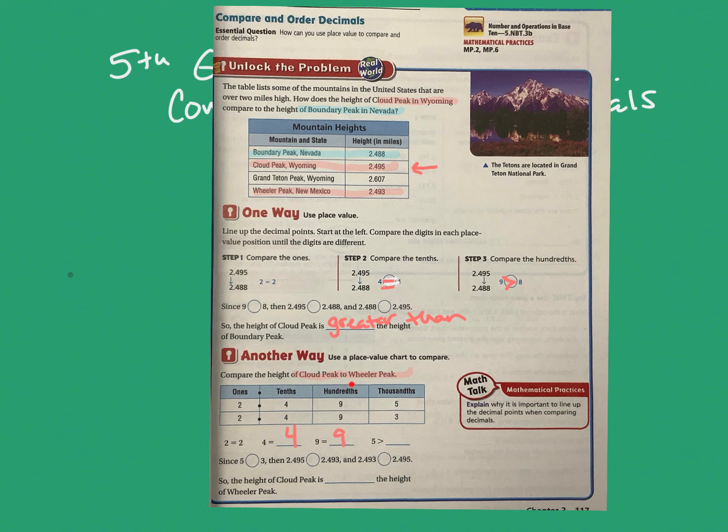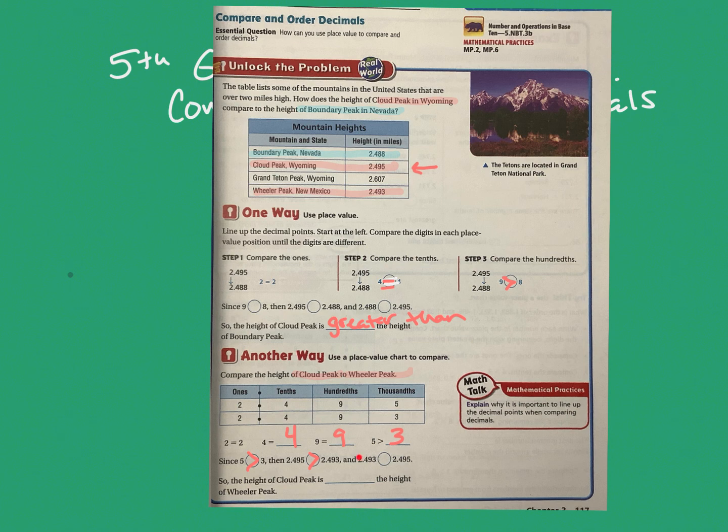If they're still equal, then you just keep moving on down. Thousandths place, 5 is greater than 3. 5 thousandths is greater than 3 thousandths. Since 5 thousandths is greater than 3 thousandths, then 2 and 495 thousandths is a little bit greater than 2 and 493 thousandths. Barely. I mean, the tiniest bit, right?